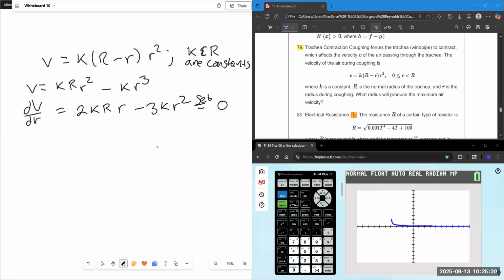Actually, let's factor first. I see a common factor of k and r. So k r times (2 capital R minus 3 little r) is equal to 0.